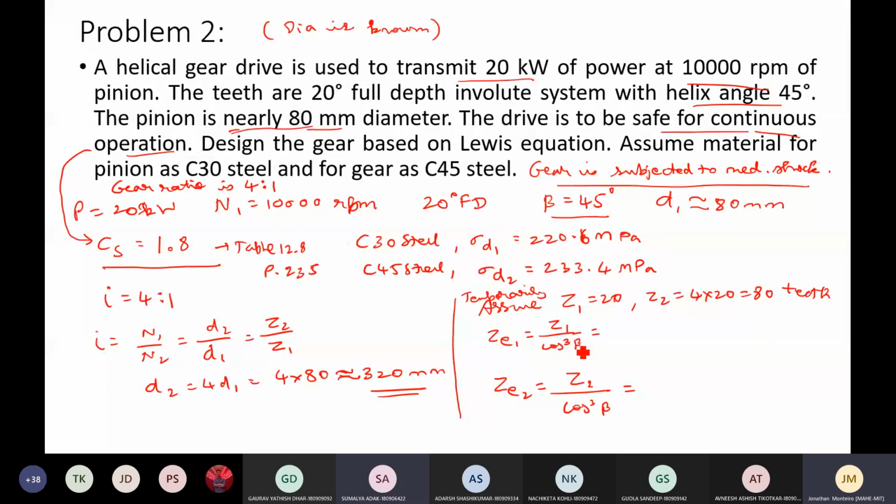Sorry, sir. I'll be getting around 56.57. Yes, sir, 56.57. And ZE2 is just 4 times of that, 226.27. So ZE1 is 56.57 and ZE2 is 226.27.